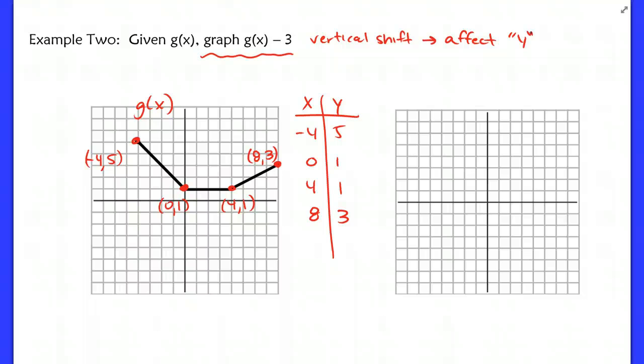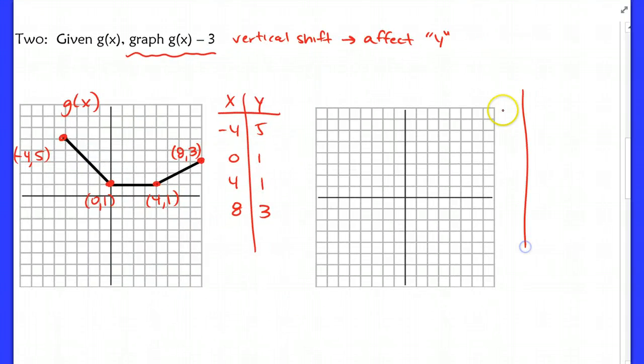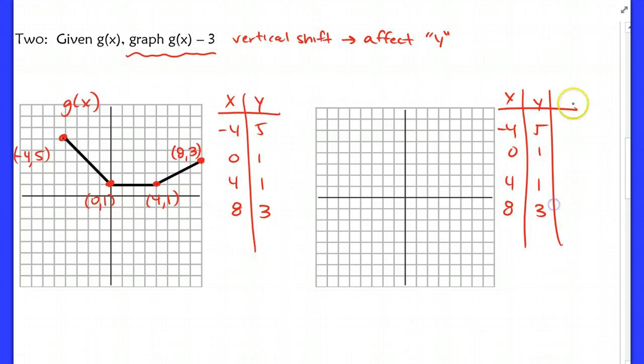So in this case, when I make my new table, I'm going to reflect the fact that the x stays the same. So my x values, I just steal all of those x values. I still write my y value, so 5, 1, 1, 3, but now I'm changing the y value. Okay, so I need to change the y value, and in this case, you're going to keep that sign here because it's going to shift this down, right?